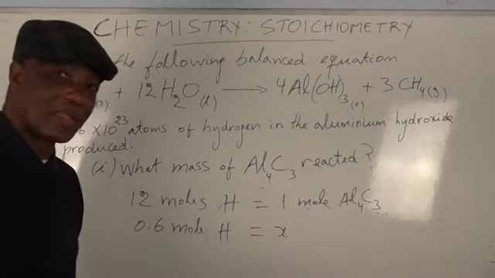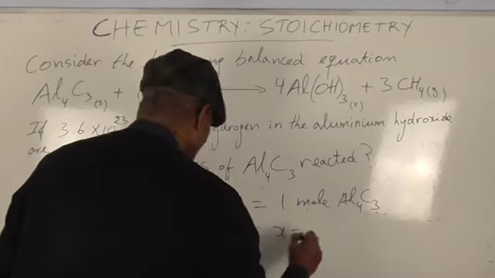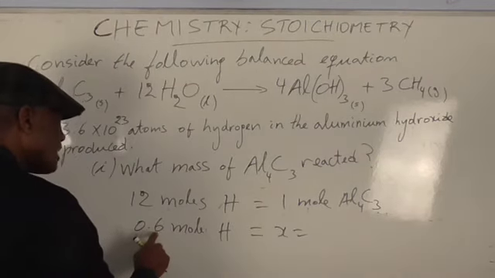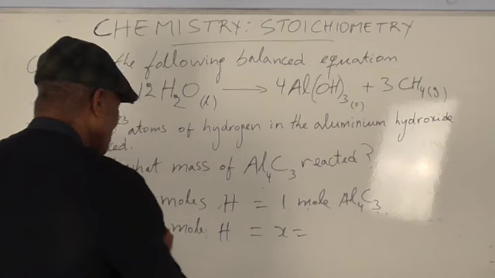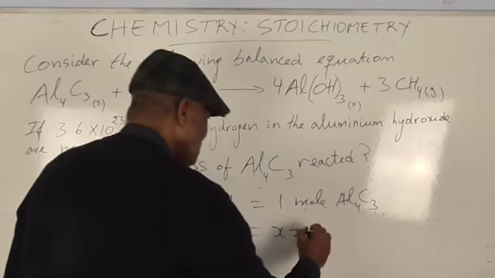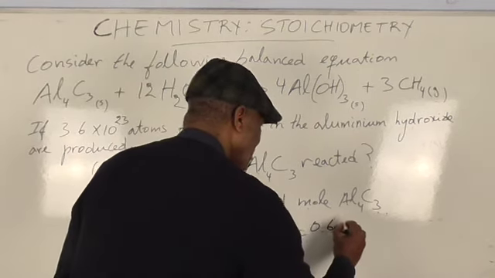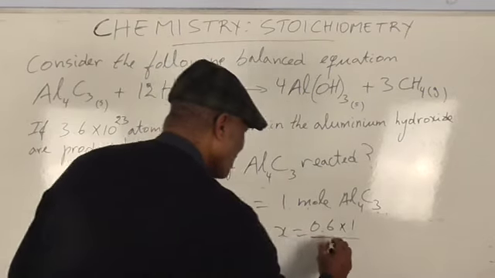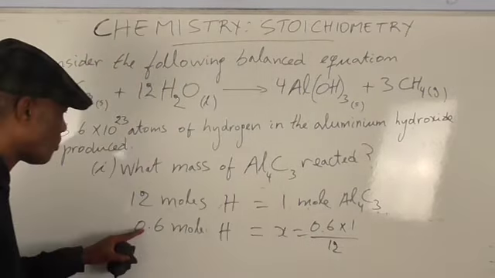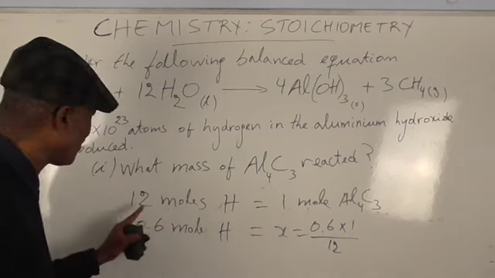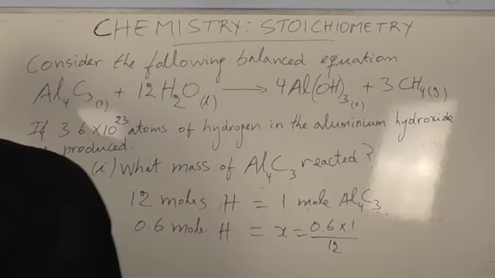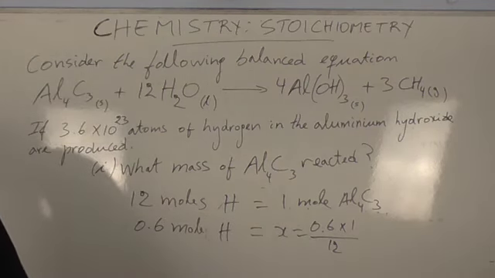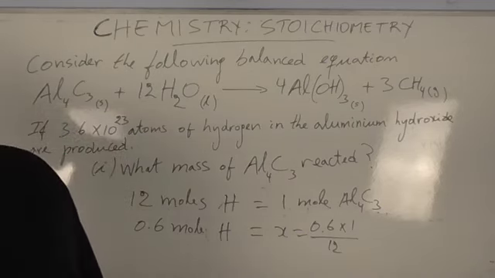To get that X, we do 0.6 multiplied by 1 divided by 12. Then if you get the calculator, we see what we are going to get here.